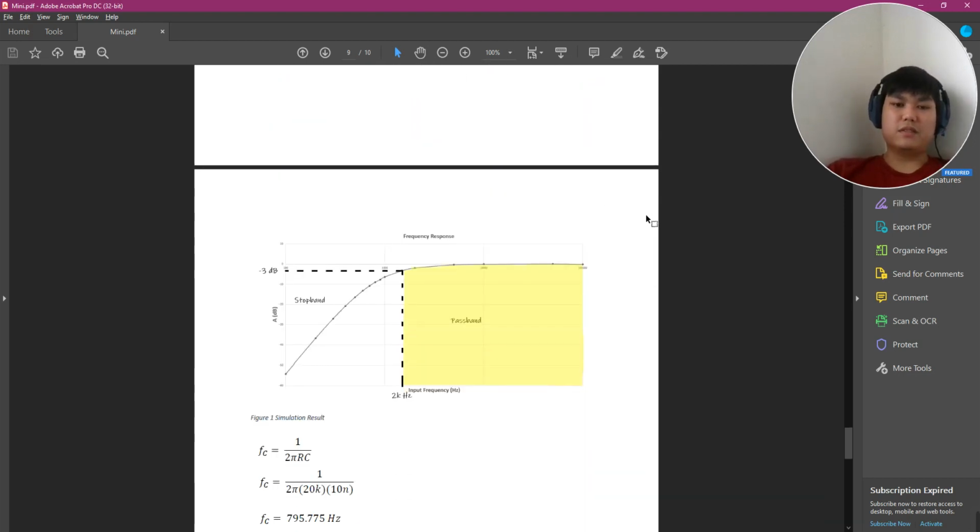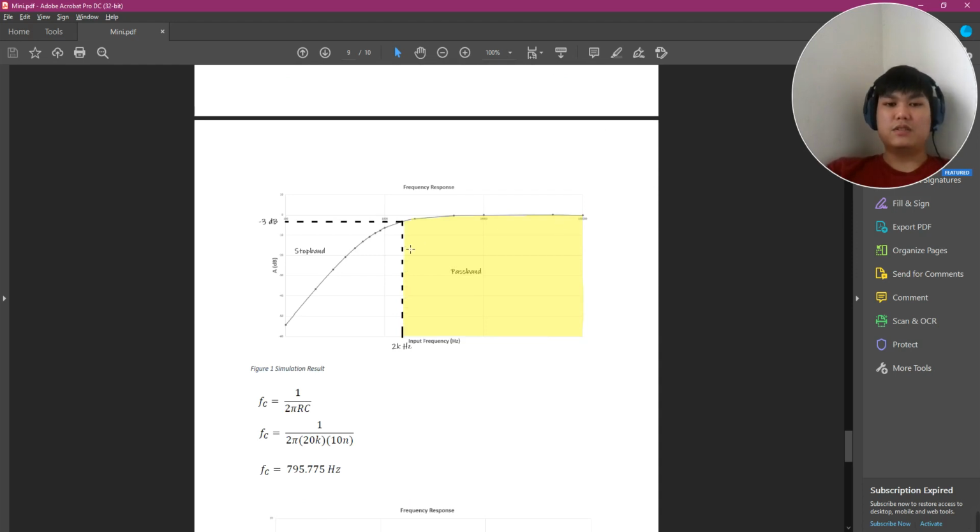I have drawn a graph. This is the result I obtained, the high pass filter curve. At minus 3 dB, I get 2 kilohertz for the pass band.